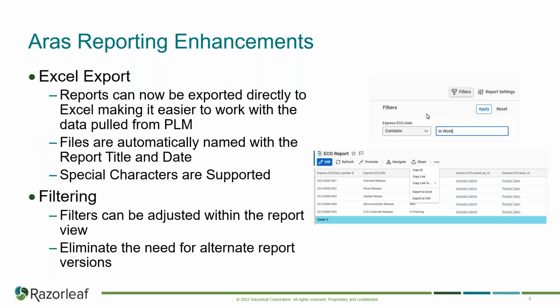We specify if it contains or does not contain that specific category, specify the category, and it will parse all of your results down to what you want. So instead of having to go into the report configuration, specify a filter, and set a default value for that specific version of that report, this is all configurable directly within that report view user interface.